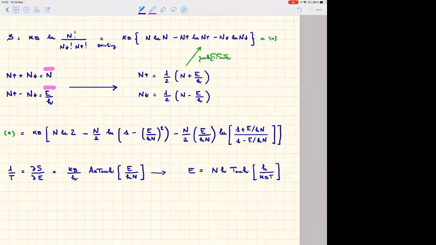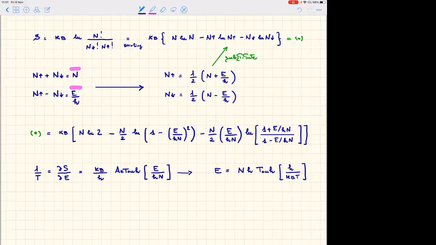All right, so now if you invert this formula, you find this, which is, by the way, something that we will find later on when we will be doing the same calculation in the canonical ensemble.